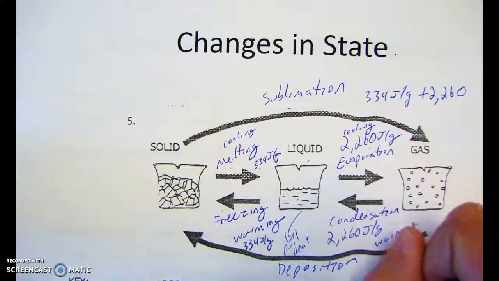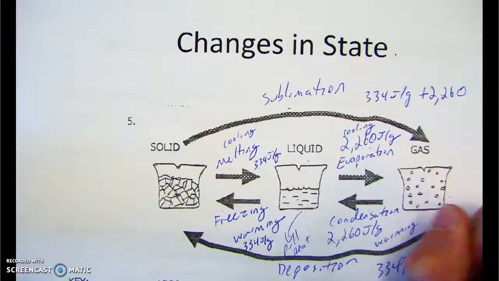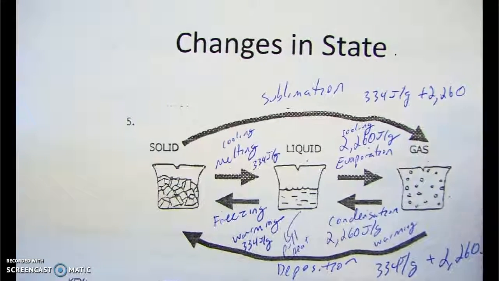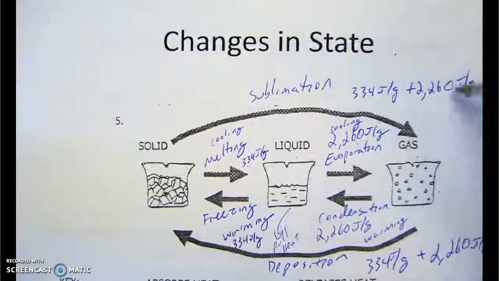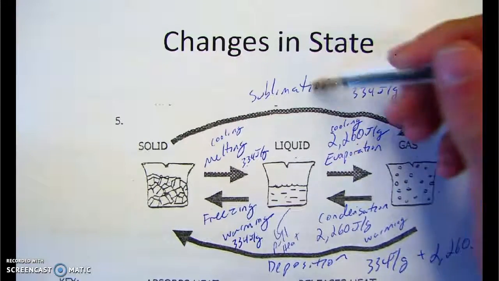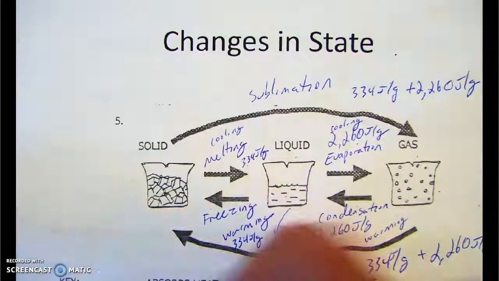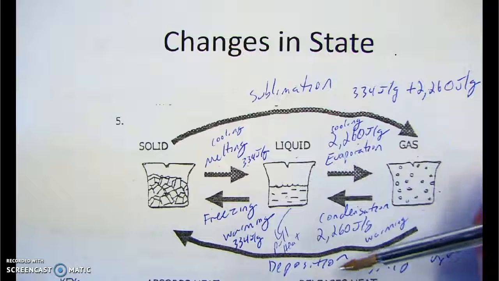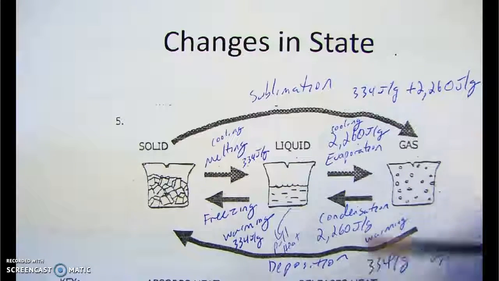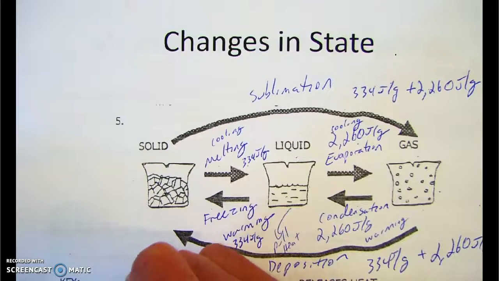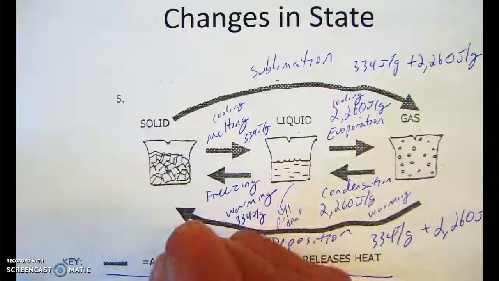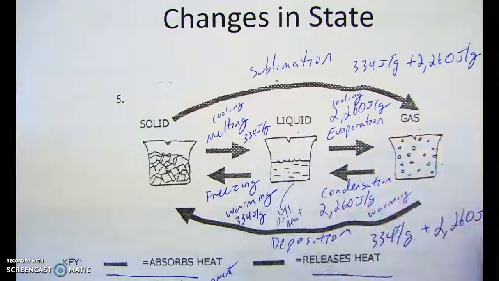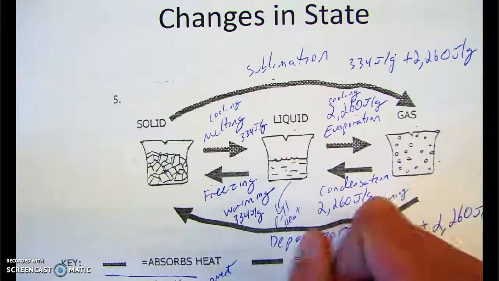Same thing here. Joules per gram plus 2,260 joules per gram. So we add those together during sublimation and deposition. And we can see here, one absorbs heat, one releases heat. The one with the dots absorbs heat, the other releases heat. If it's absorbing heat, it's a cooling process. It's cooling the environment. And if it releases heat, it is a warming process.